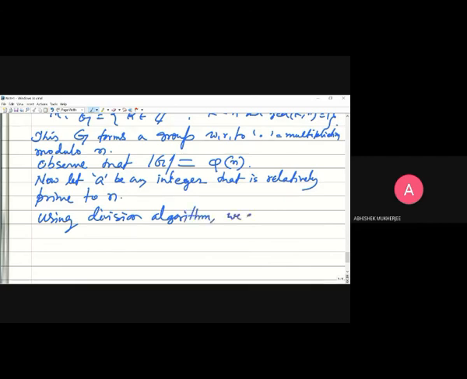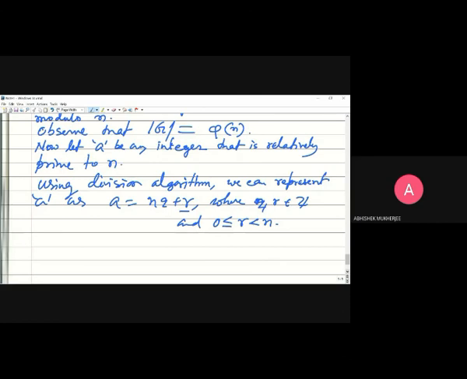We can represent a as a equal to nq plus r, where q and r are integers, and this r lies between 0 and n.